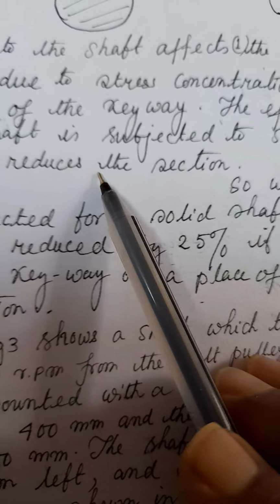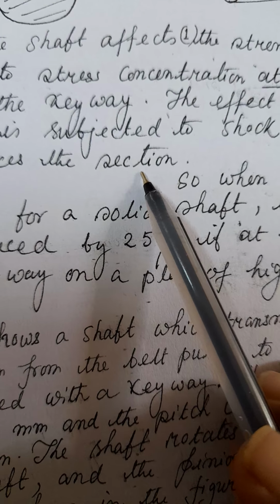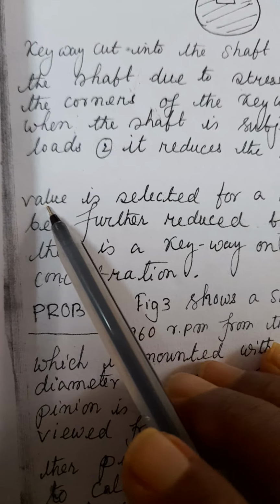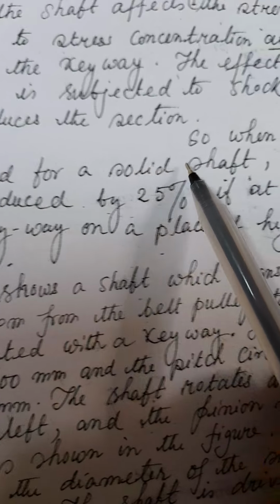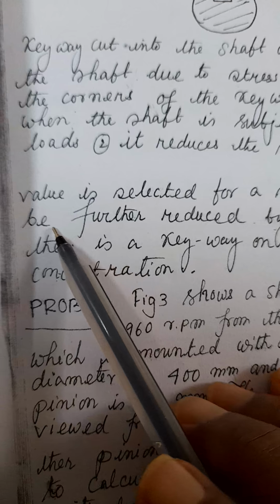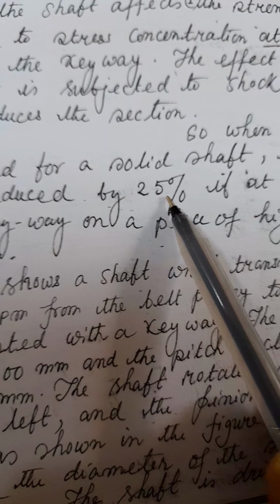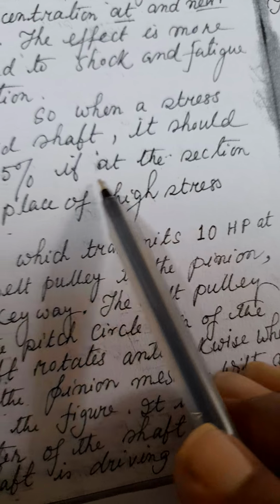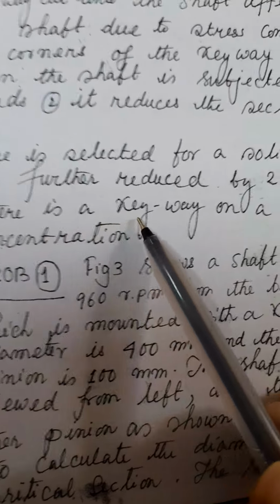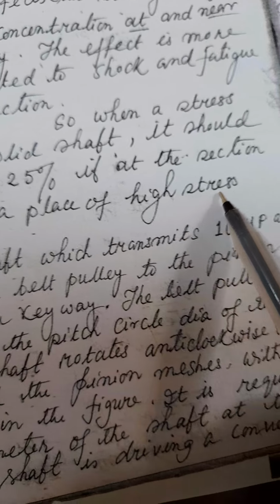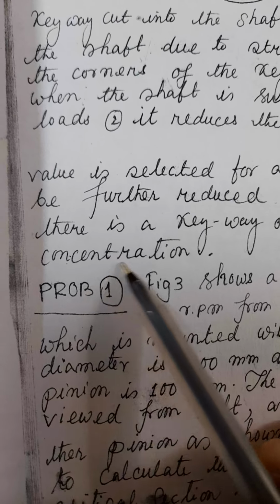Number two, it reduces the section. So when a stress value is selected for a solid shaft, it should be further reduced by 25% if at the section there is a keyway at a place of high stress concentration.